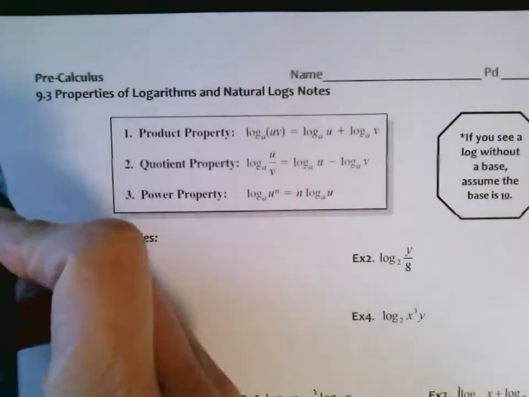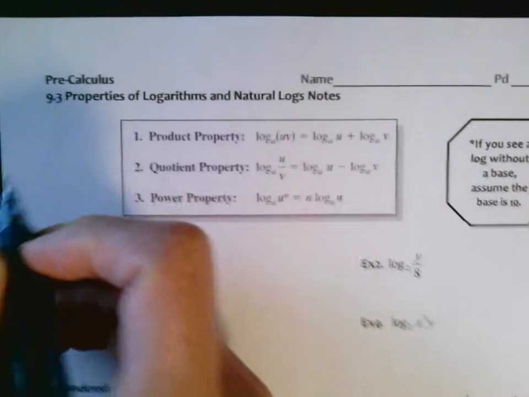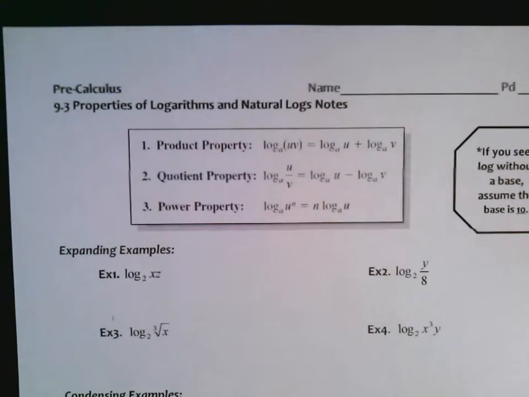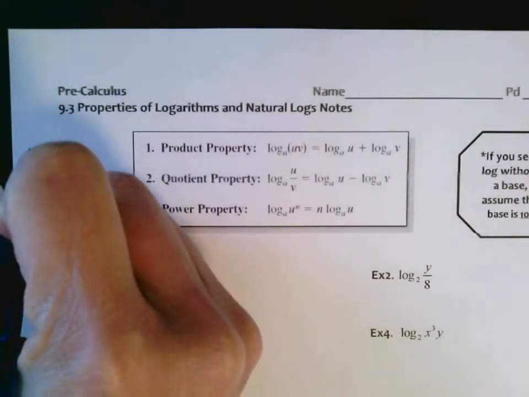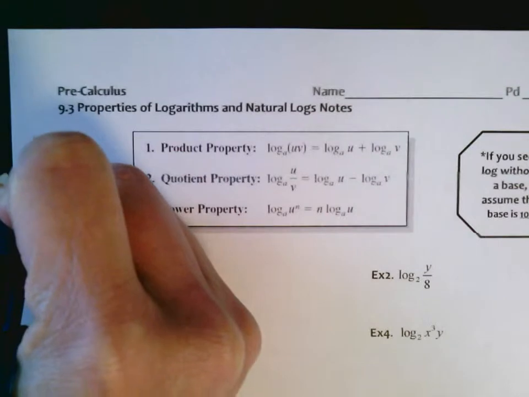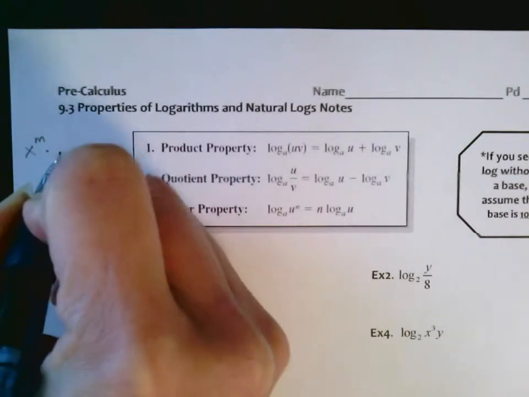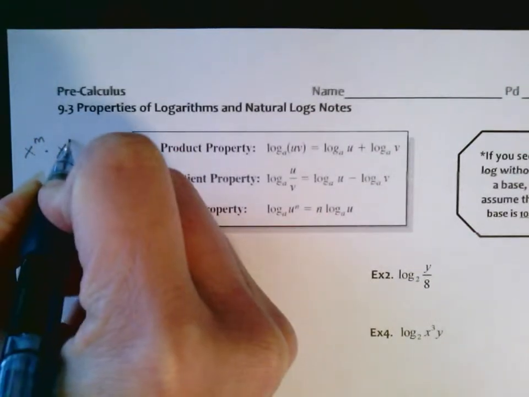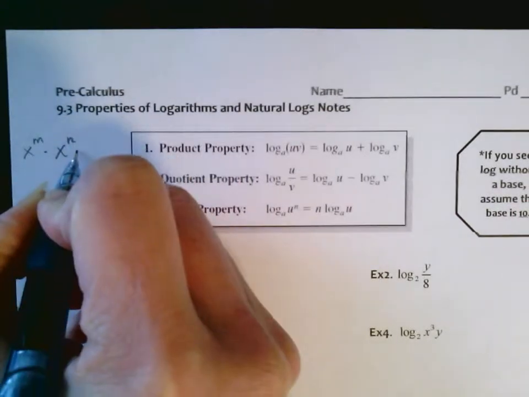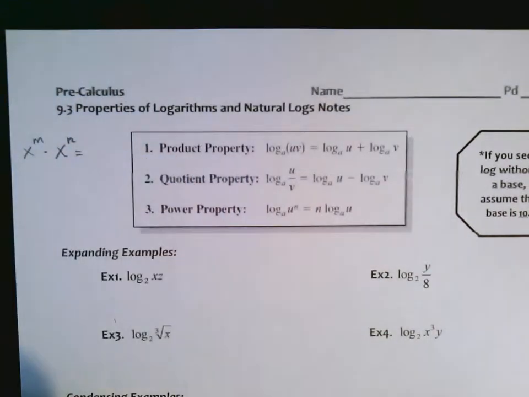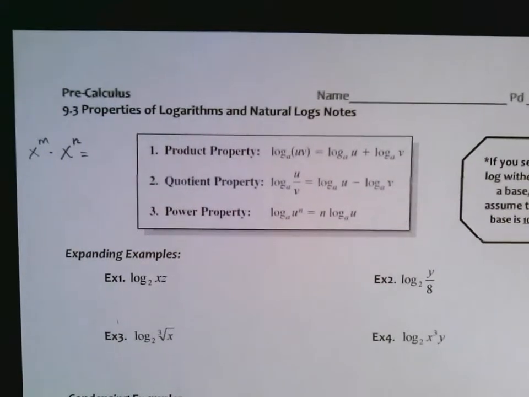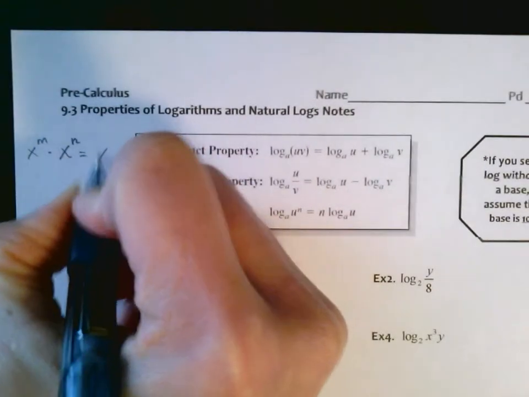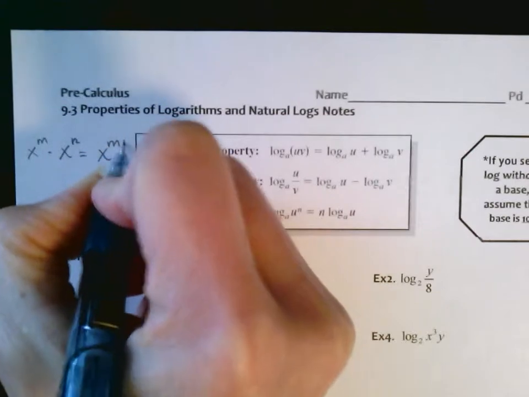So for instance, if you had two numbers with a common base, let's have this base be x. So x to the n power, and we multiply by another term that has the same base, x to the n power. When you're multiplying, you would add the exponents. So x to the n plus n would be the situation there.